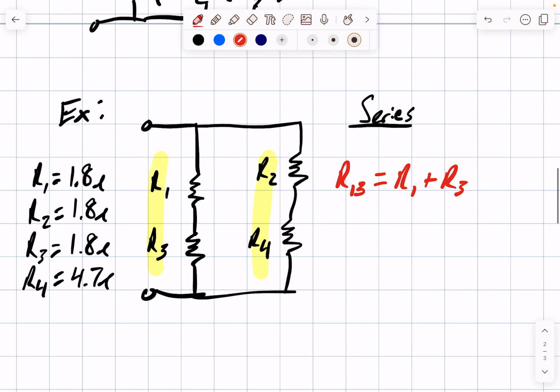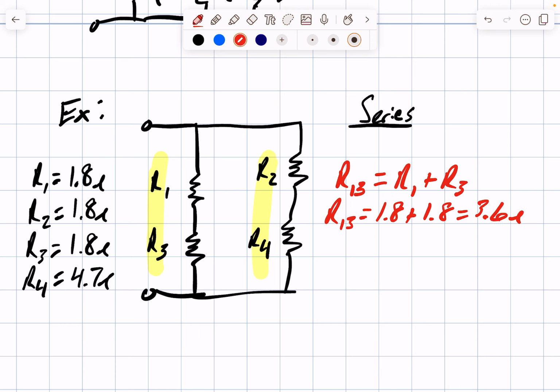And here we said R1 plus R3, so we have R1,3, and R1,3, by the way, is the equivalent resistance. So that would be 1.8 plus 1.8 is equal to 3.6 ohms.